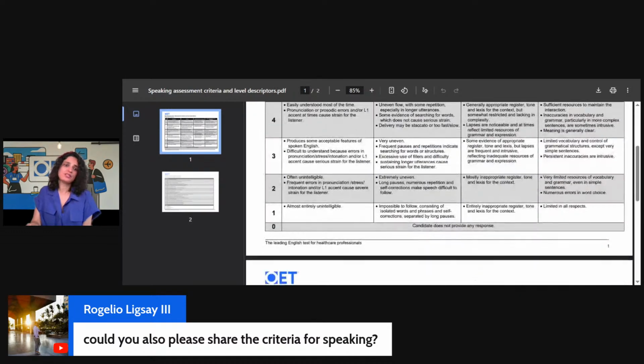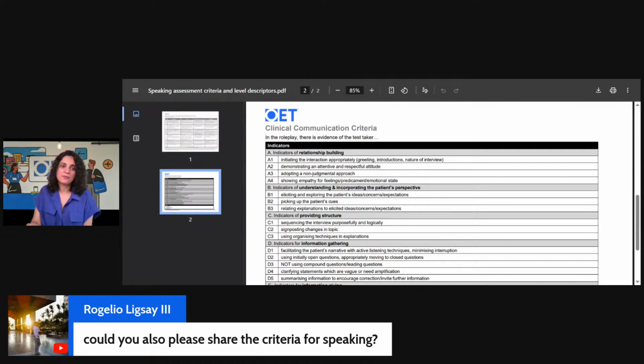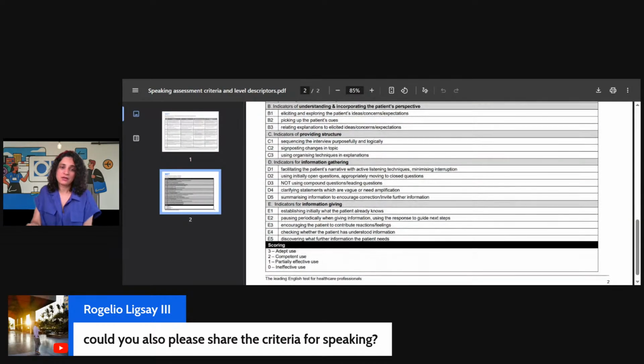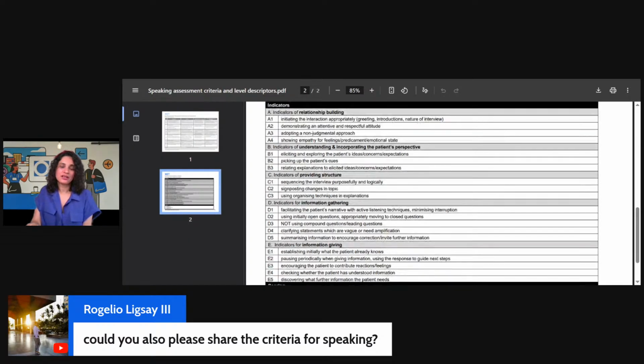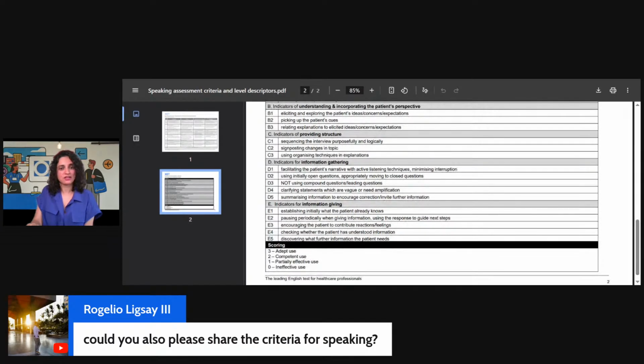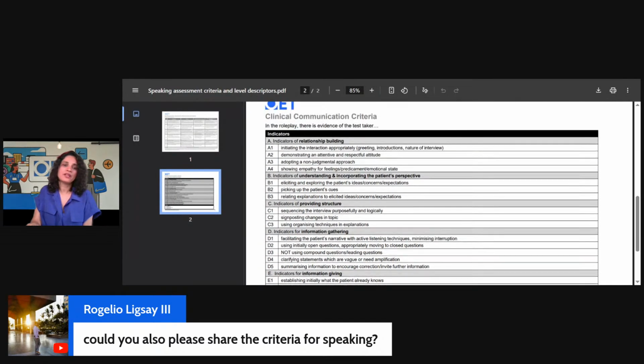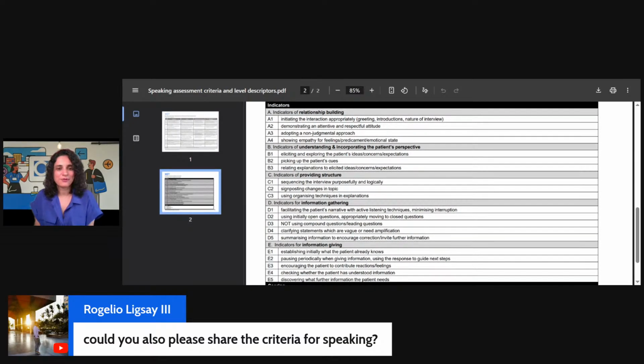Now, coming down to the clinical communication criteria, there are five. So they are relationship building, understanding and incorporating the patient's perspective, providing structure, information gathering, and information giving. Just very broadly, these are your clinical communication skills. These are skills that assess how you communicate in a way that is patient centered, that puts your patient first.